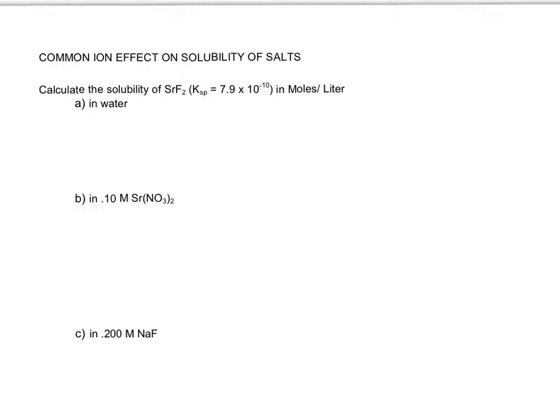So we're going to start with the dissociation equation. SrF2 solid will dissociate partially into Sr2+ and 2F minus. We'll write our KSP expression: the concentration of the Sr2+ ion times the concentration of the F minus ion squared.